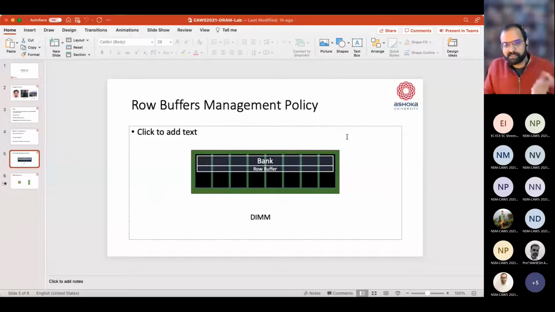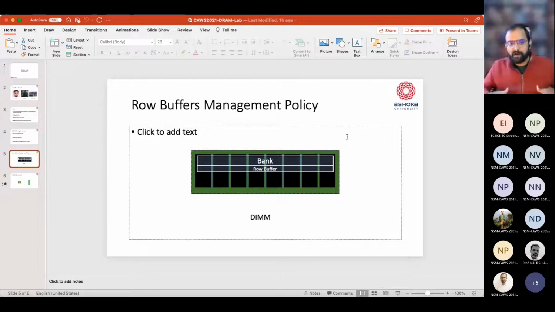What most controllers end up doing is having some sort of a policy where they keep the information, once it has been brought down to the row buffer, for some time or until some event happens, right? And that is what is known as a row buffer management policy.